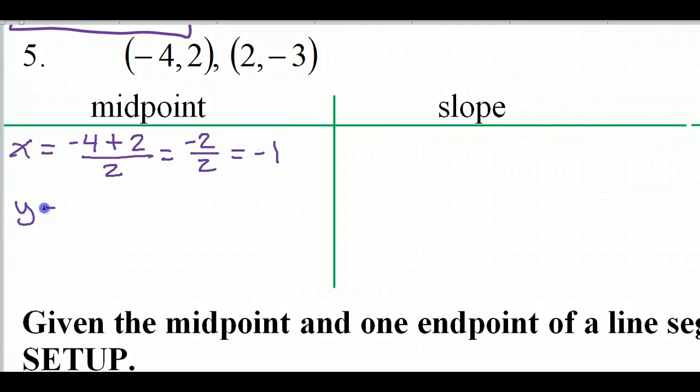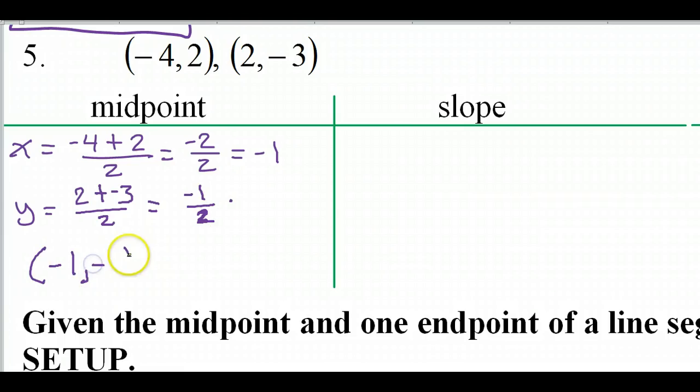Now for the y values, 2 plus negative 3 divided by 2. So that's going to make negative 1 divided by 2. Okay, that's a 2, not a z. Okay, and that's it. So that means the midpoint is negative 1 comma negative 1/2.